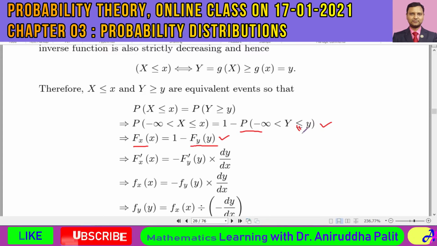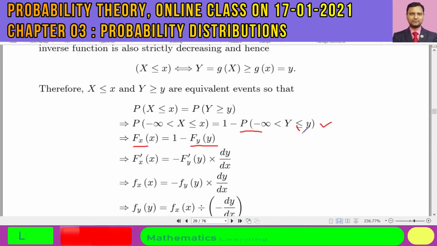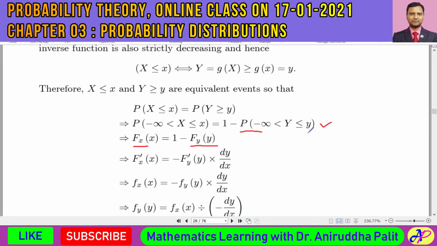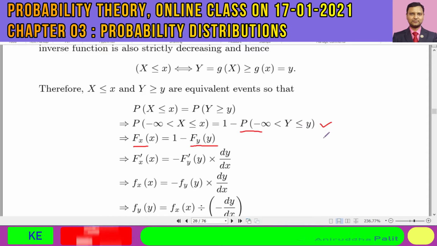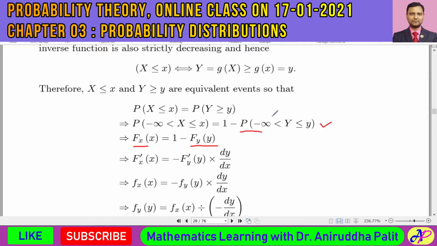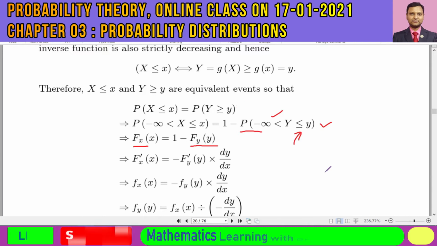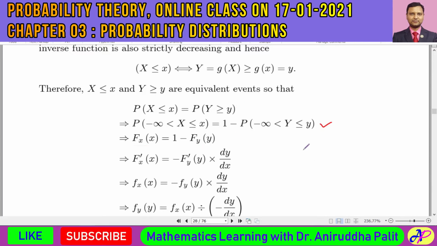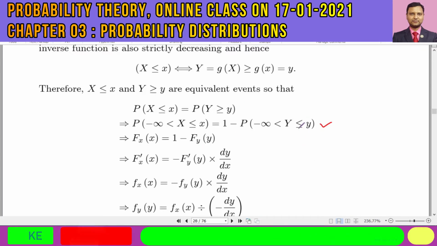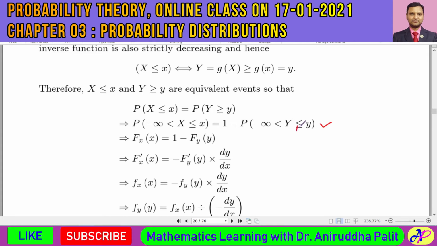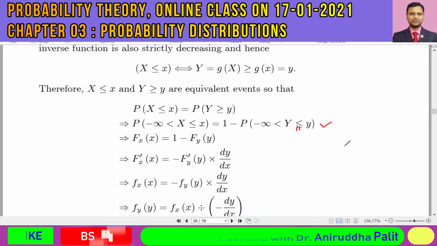We know that in a continuous distribution, the probability of a single point is always equal to 0. Therefore, you can also write the less than or equal to symbol over here. Mathematically it is correct, although this event, including the equality symbol, would not be the complement of the other event. So in order to stress that we are considering the complement, we should delete this equality.